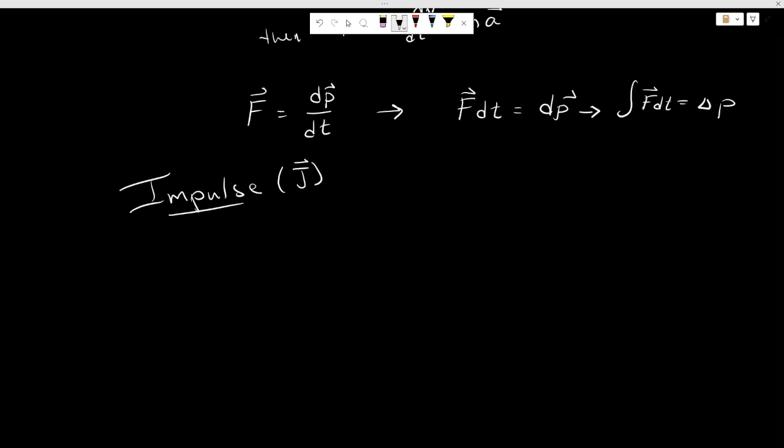All right. So here, J, or the impulse, is equal to the change in momentum, which is equal to the integral of F dt. There's no dot product because t isn't a vector. Now, this is very similar to work.